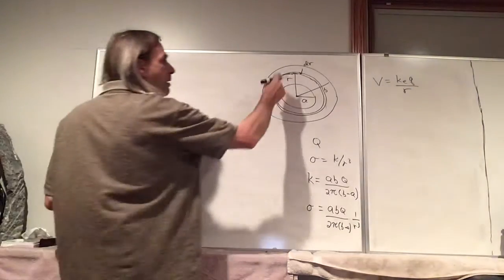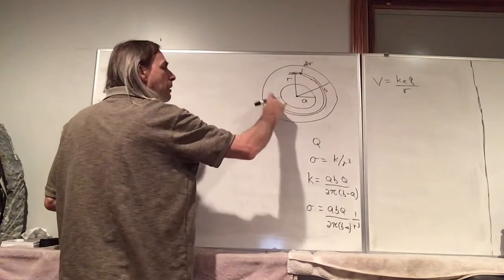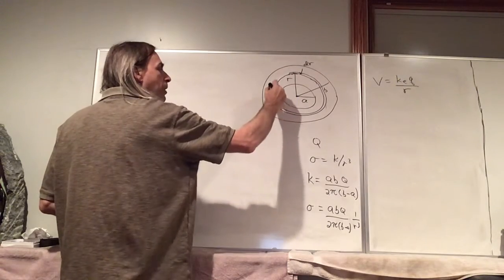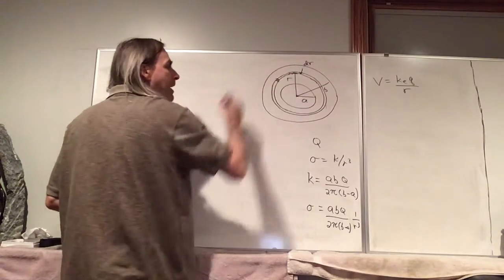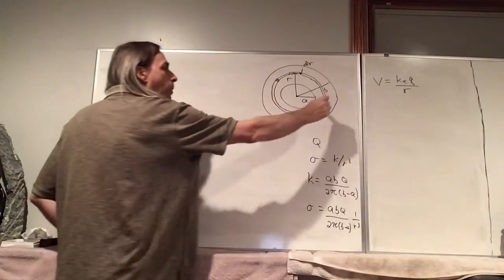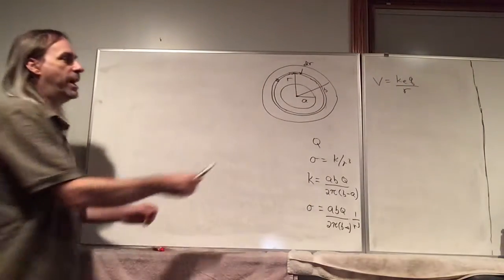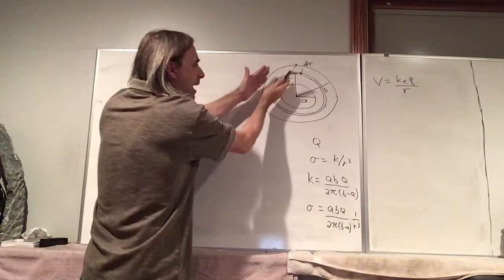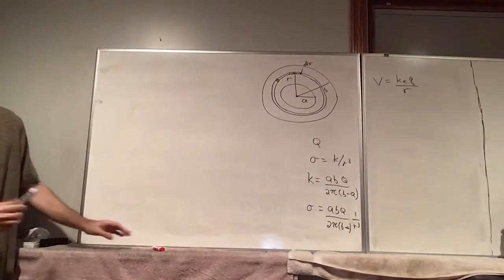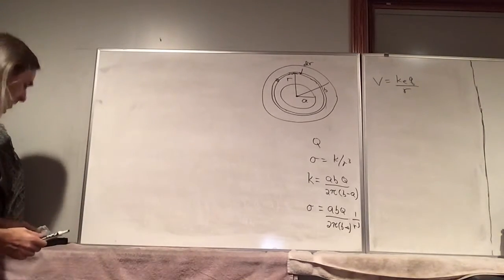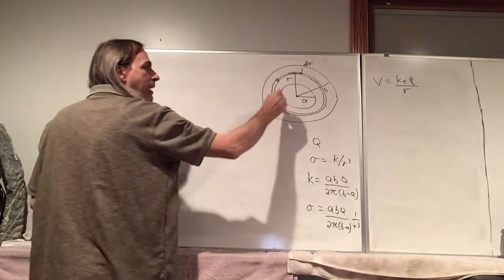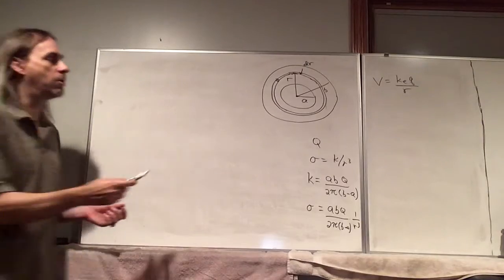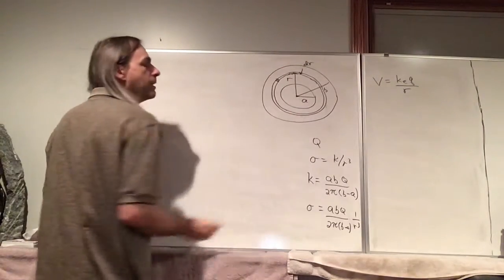Now, for this ring, even though it's a horrible drawing, normally we'd have to break it up into individual pieces, and then integrate going around the ring. And then once we have this completed ring, we can integrate from A to B to add up all these rings of different radii. But the potential due to each point on the ring is the same. So the actual location of the charge on this ring doesn't matter.